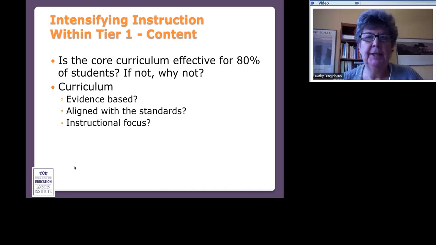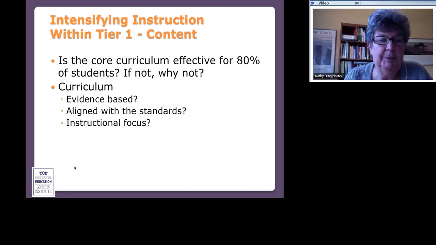So, intensifying instruction within Tier 1. When we think about the content of instruction in Tier 1, and we think that core instruction should be effective for approximately 80% of the students, I know that many of us who work with schools, especially schools who are struggling to implement an RTI model, find that a great many more students are not benefiting from the core curriculum, and that we don't have 80% of the students in our first tier.